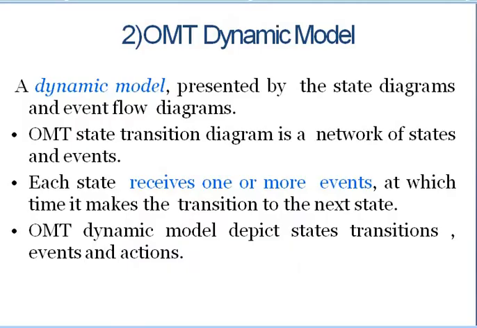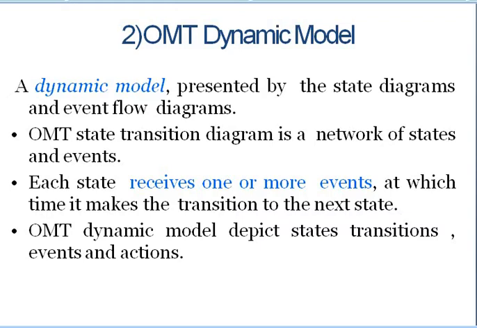Second is the dynamic model, represented by state diagrams as well as event flow diagrams. In the object modeling technique, a state transition diagram is a network of states and events. Each state receives one or more events, at which time it makes the transition to the next state.